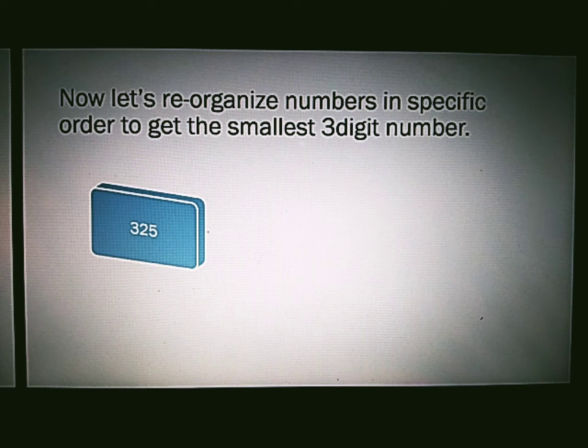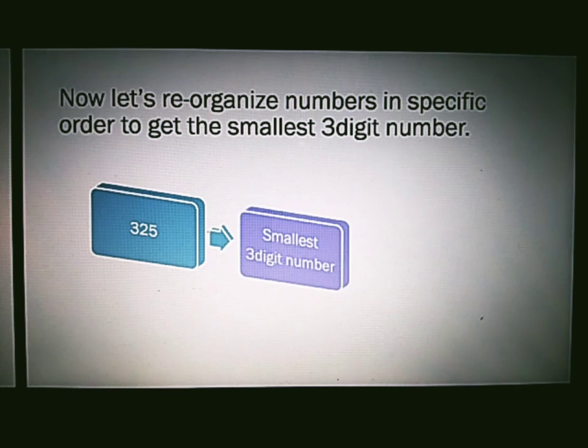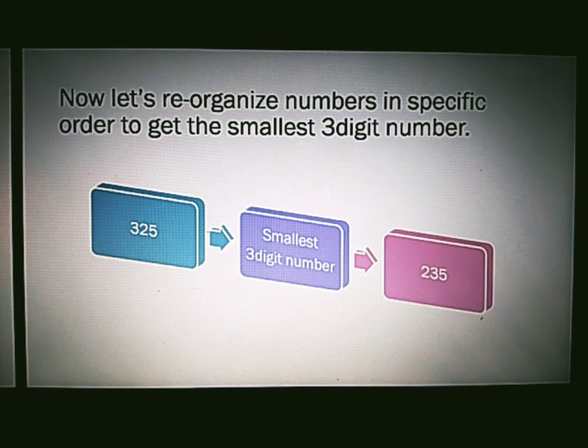So first we will write 2. After writing 2, remaining numbers will be 3 and 5. After that, 5 is the biggest number, but that should come at the end. So 3 is smaller. So we will write 3 and at the end we will write 5. So we get the smallest 3-digit number out of these numbers is 235.